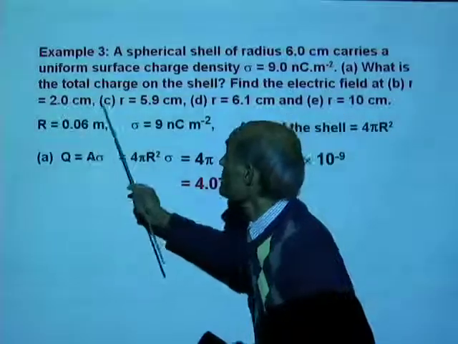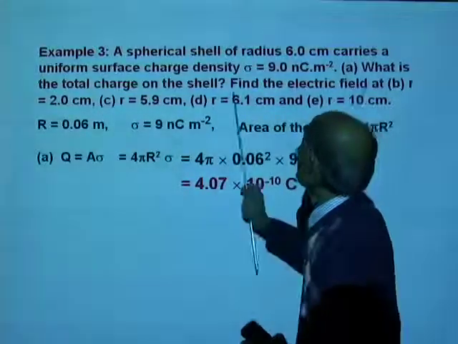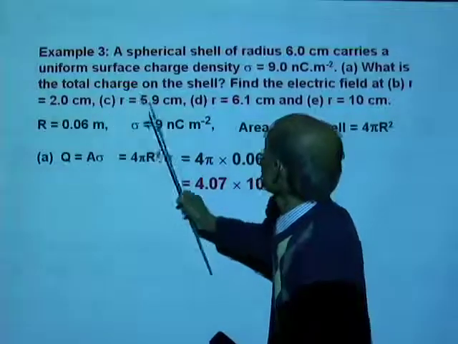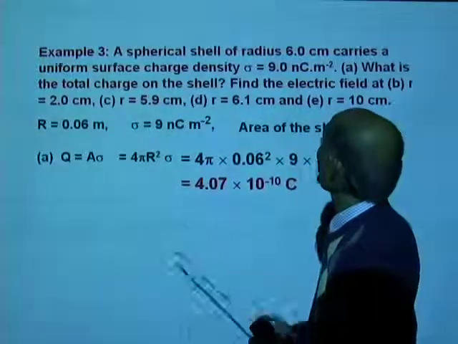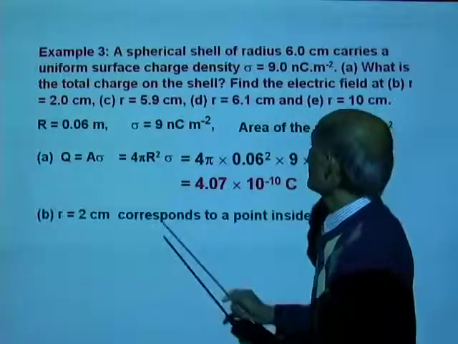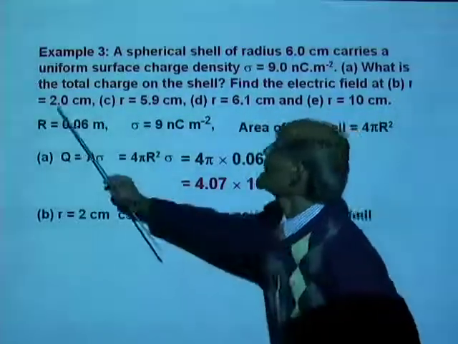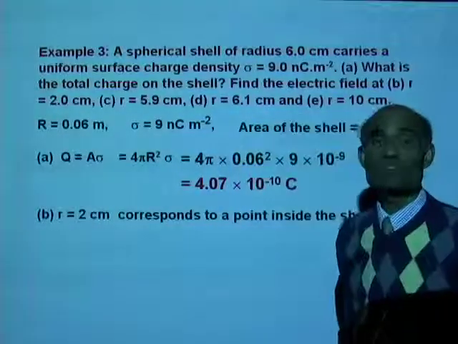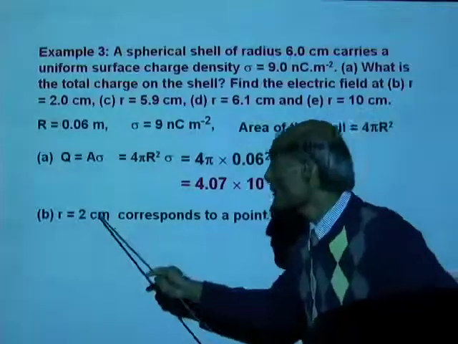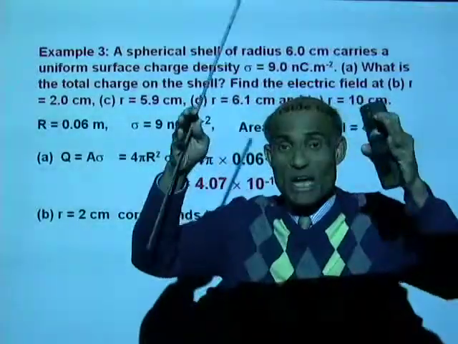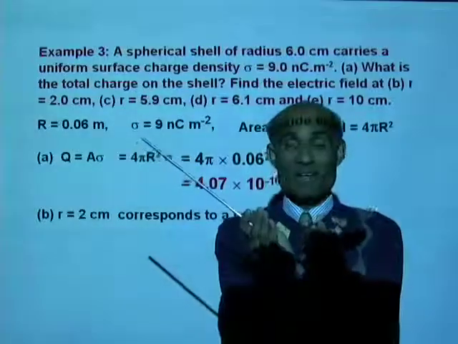Alright, let's start with the first one. Find the electric field at r equal to 2 centimeter. Tell me, where is this point? The radius of the shell is 6 centimeter.